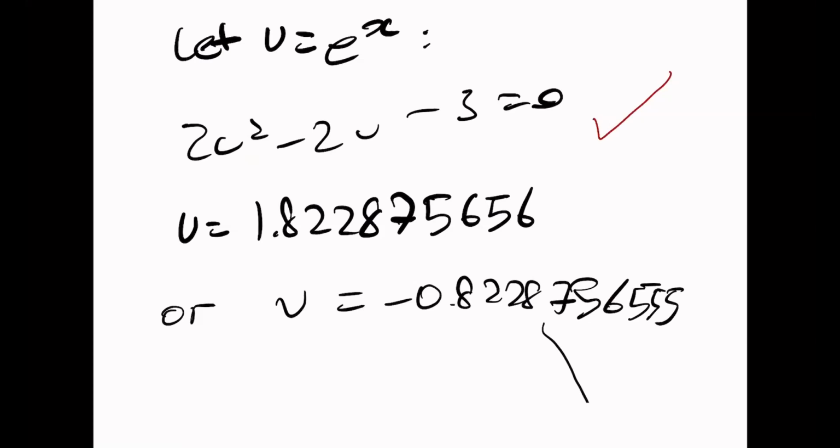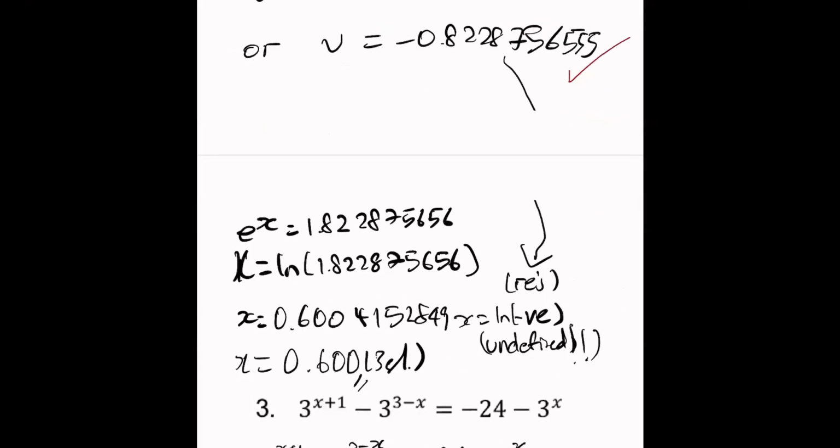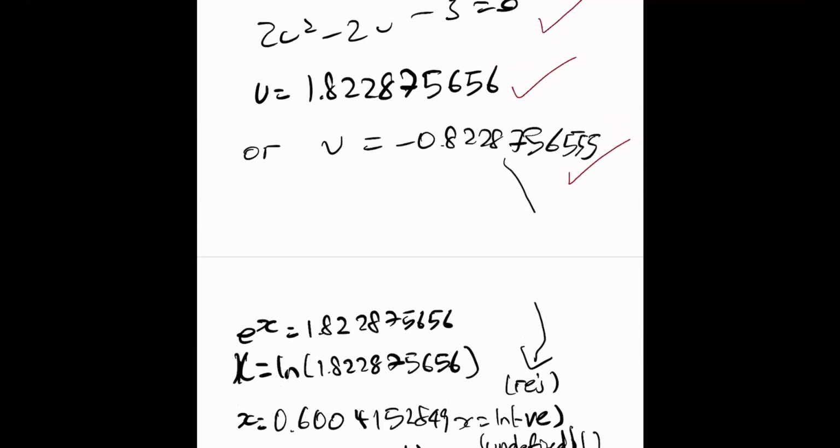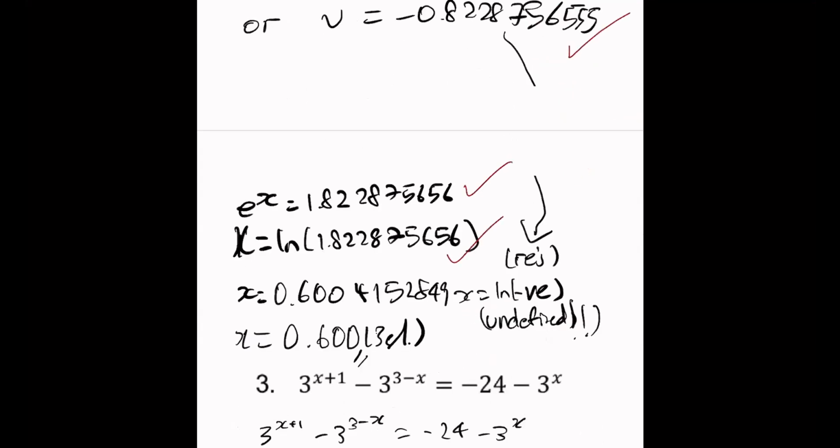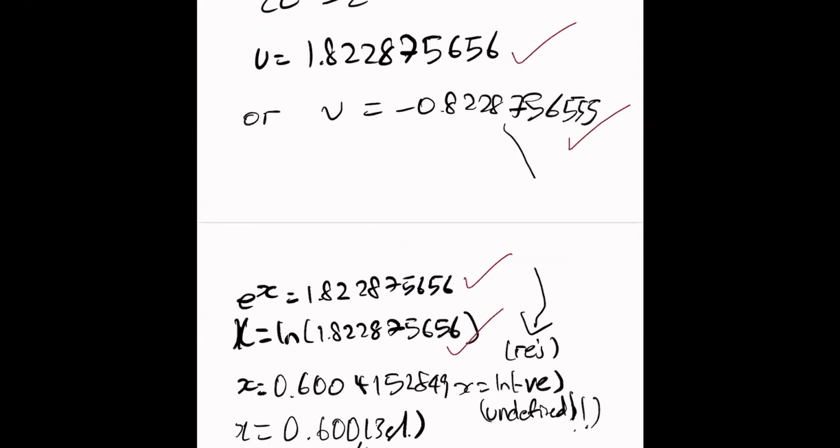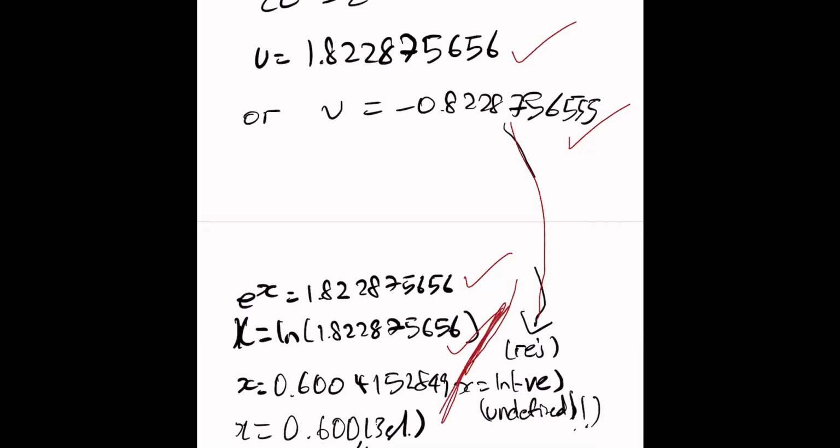Your method is perfectly fine. So far, there were no mistakes. But then you have to sub the u back with the substitution e power x. This one, then you take ln on both sides. The other guy, what's going on? X equal to oh, okay, right. Okay. Yeah, negative.